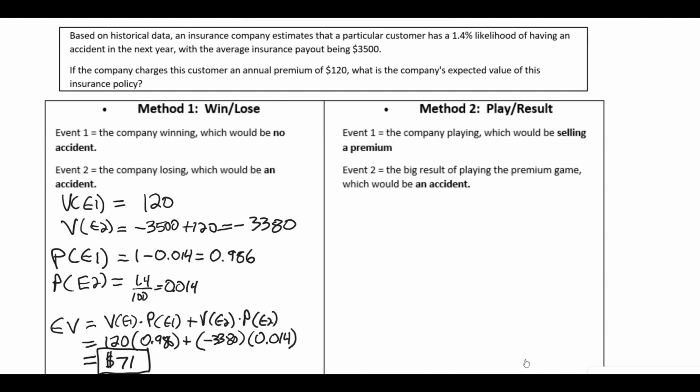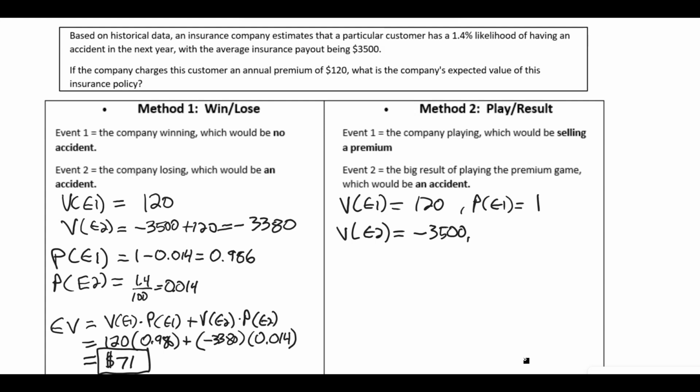So notice how much is similar and how much is different. The value of event 1 is $120. They get $120. The value of event 2, if there's an accident, is minus $3,500. The probability of event 1 is 100%.